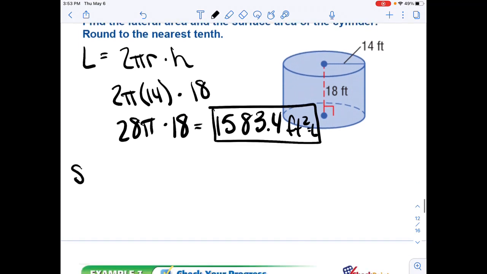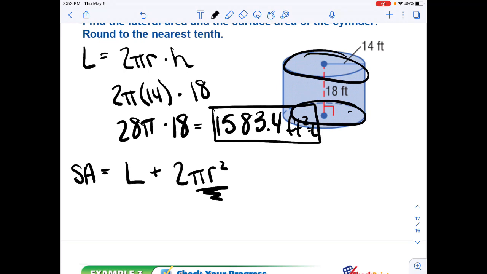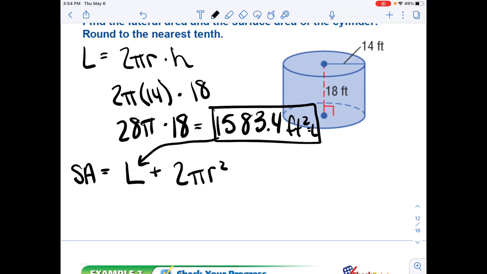My surface area, on the other hand, not quite yet, although I do need my lateral area plus 2 times, sorry, not my circumference, my area of my circles. One circle is pi r squared, but there are 2 of them, so we need 2 pi r squared. So we know this L, lateral area, is coming in here. We can finish solving for our areas of our circles.